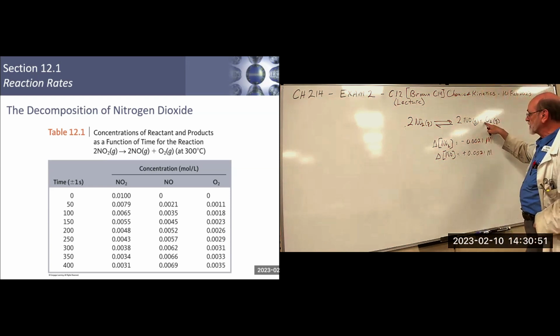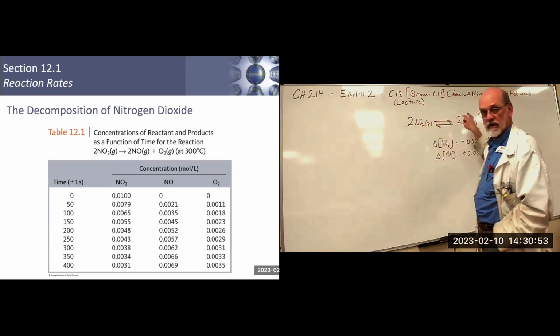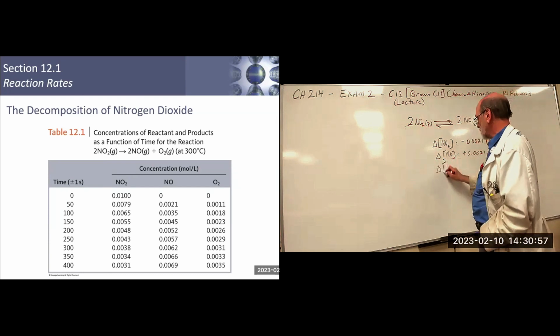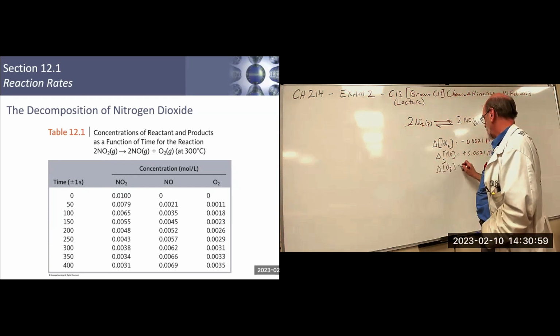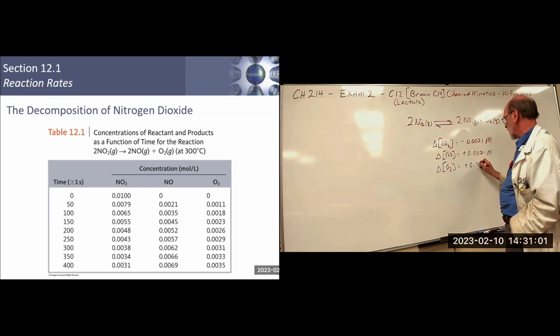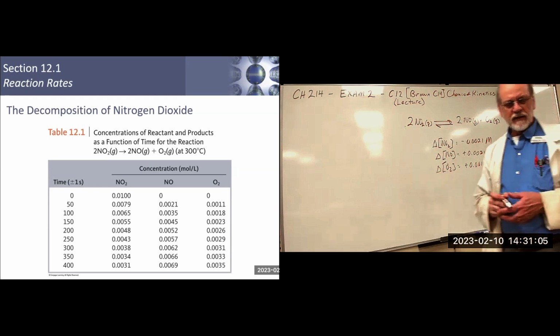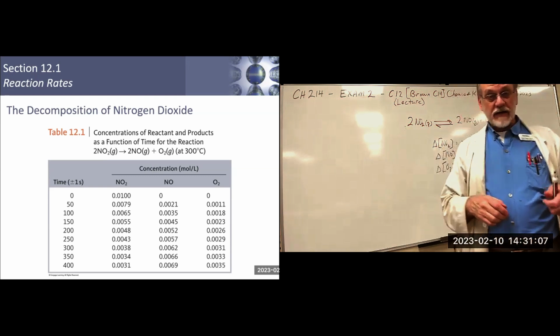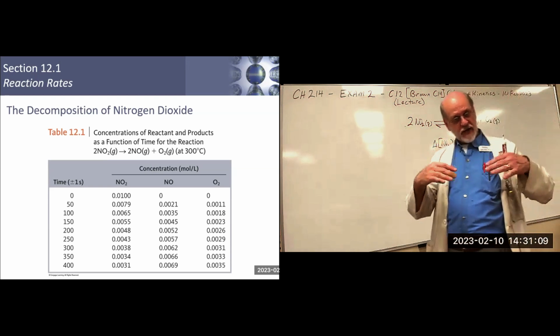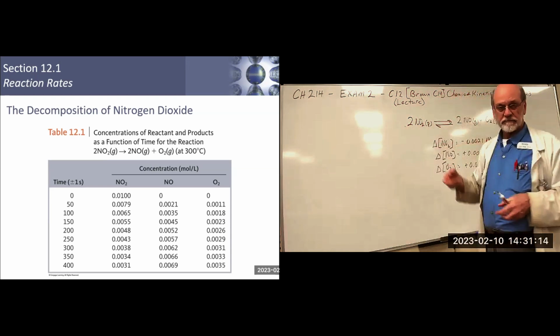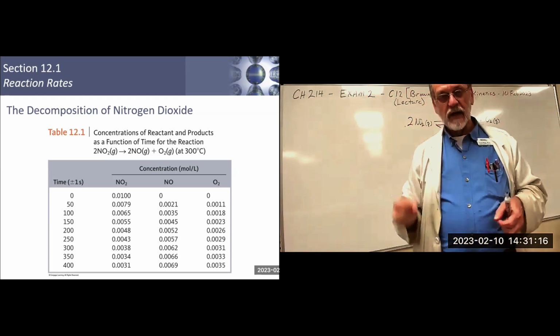Also, this one is actually 1-to-2 or half. So the change in O2 is equal to an increase of 0.0011, rounded off. And those changes that occur through this entire data set follow that stoichiometry, 2, 2, and 1.